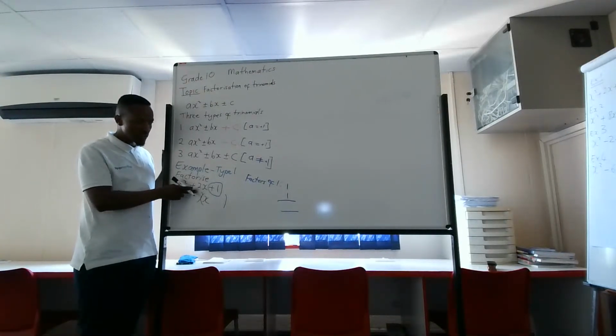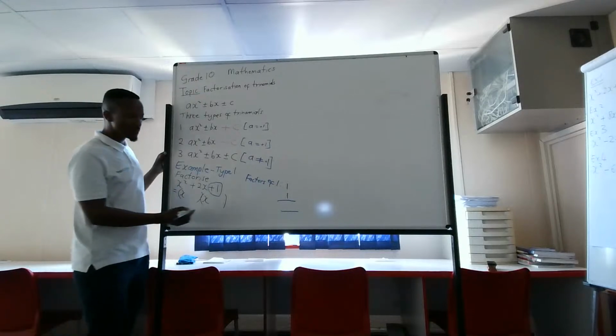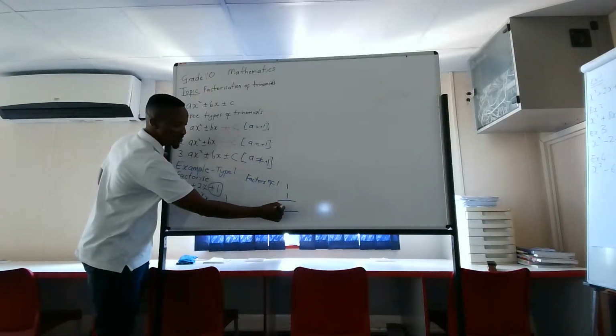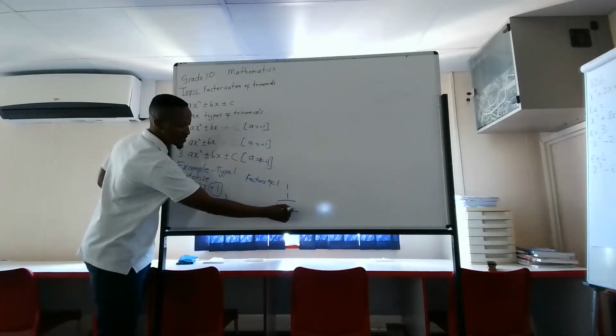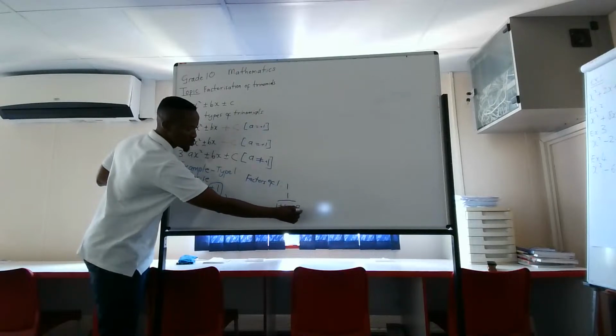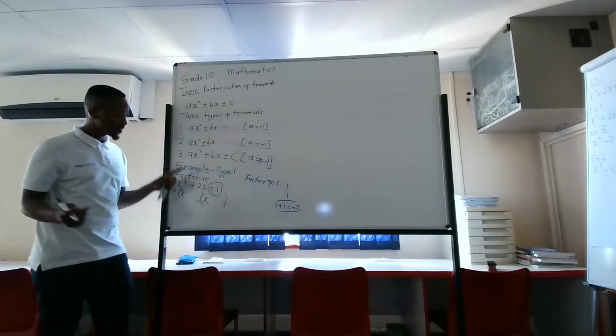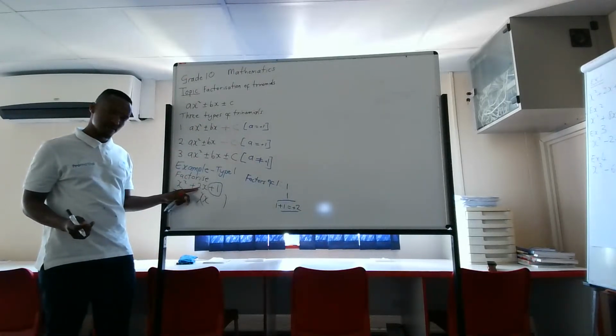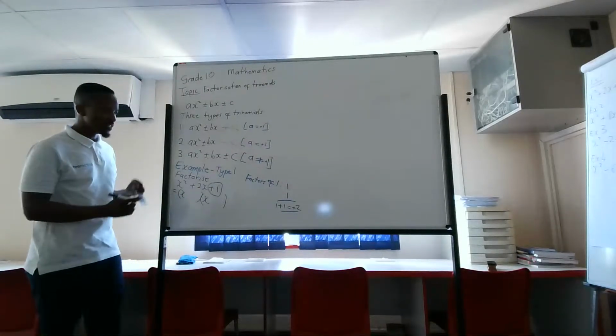So positive 1 plus positive 1 is equal to positive 2. Positive 2 is our target, which is the middle term.